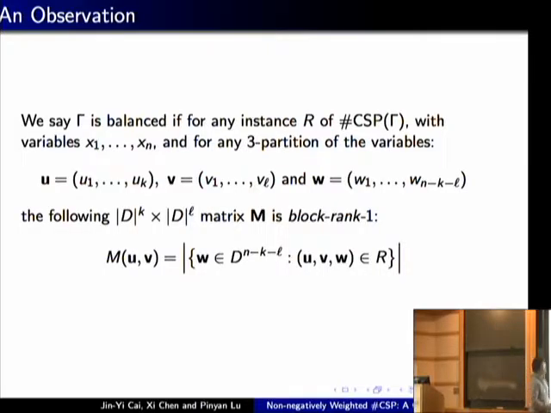Instead of partitioning the variables into 4 parts, we have these 3 partitions. And now we just count the number of W so that UVW is in R. And we say it's balanced if all such matrices are block rank 1. So see, now we don't use the existential quantifiers anymore.